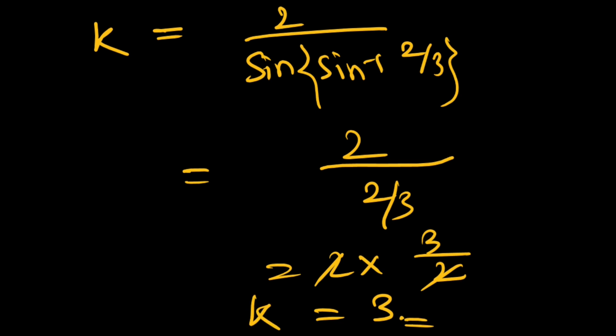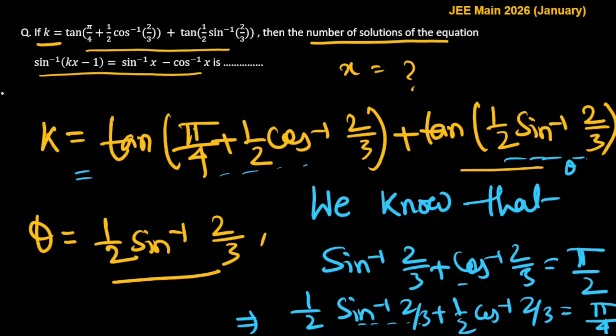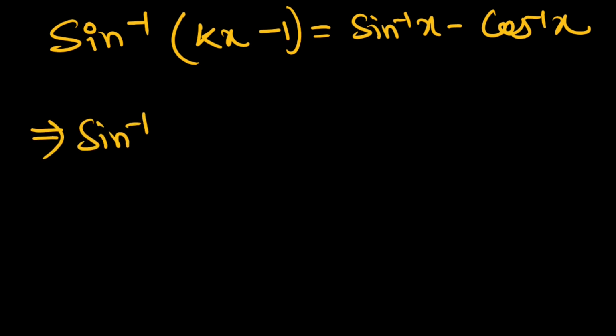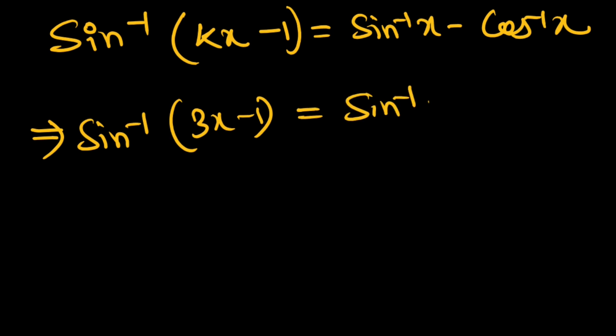Now the question asked the number of solutions of this equation. So we put the value of k here, then we find the value of x. So sine inverse of kx minus 1 is equal to sine inverse x minus cos inverse x. Put k is equal to 3 here. So sine inverse of 3x minus 1 is equal to sine inverse x minus cos inverse x.